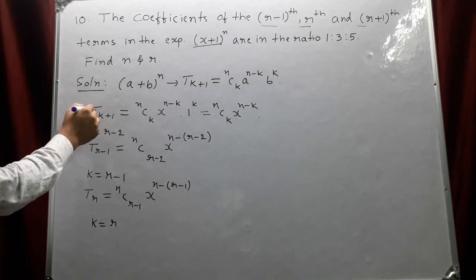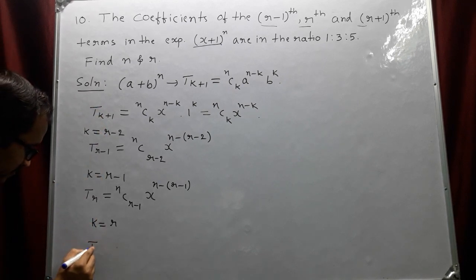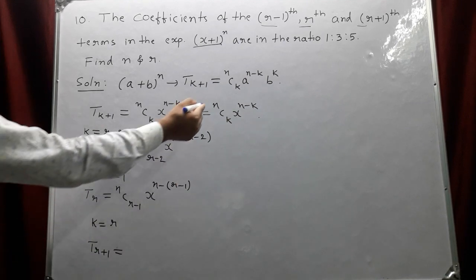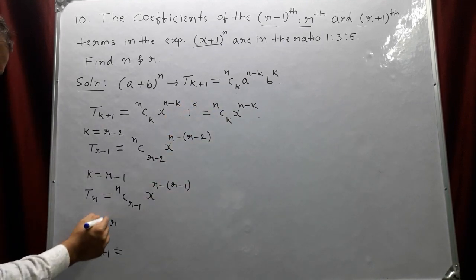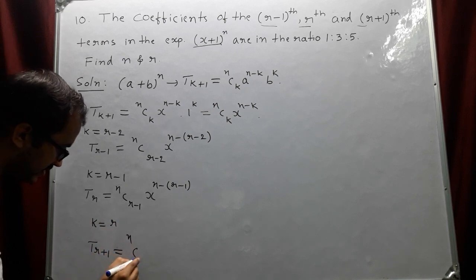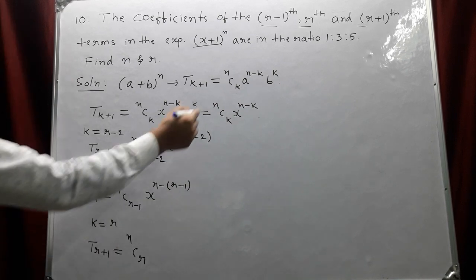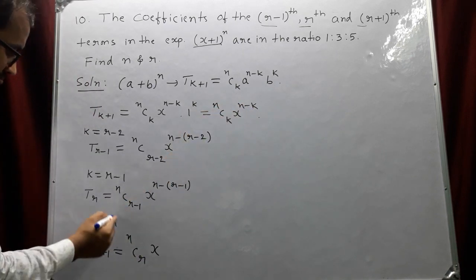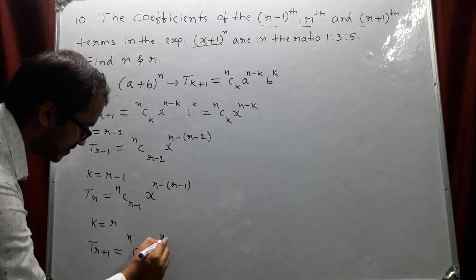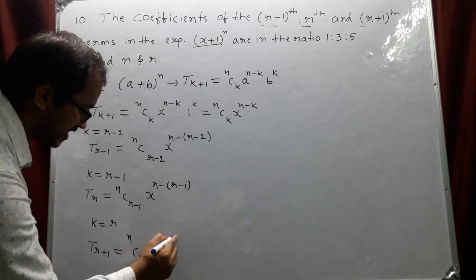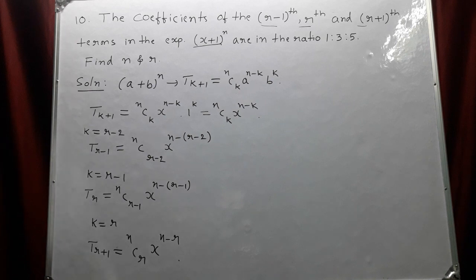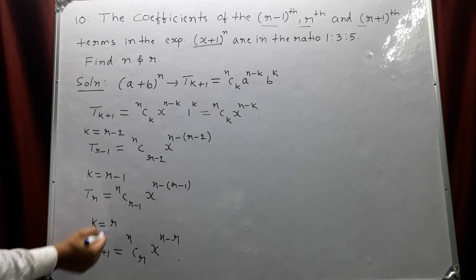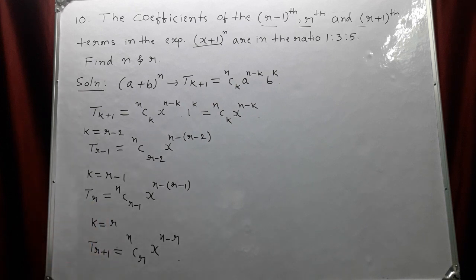So T(r+1) is equal to nCr, since k value is r, x power (n−r). So this is the (r−1)th term, this is the rth term, this is the (r+1)th term.